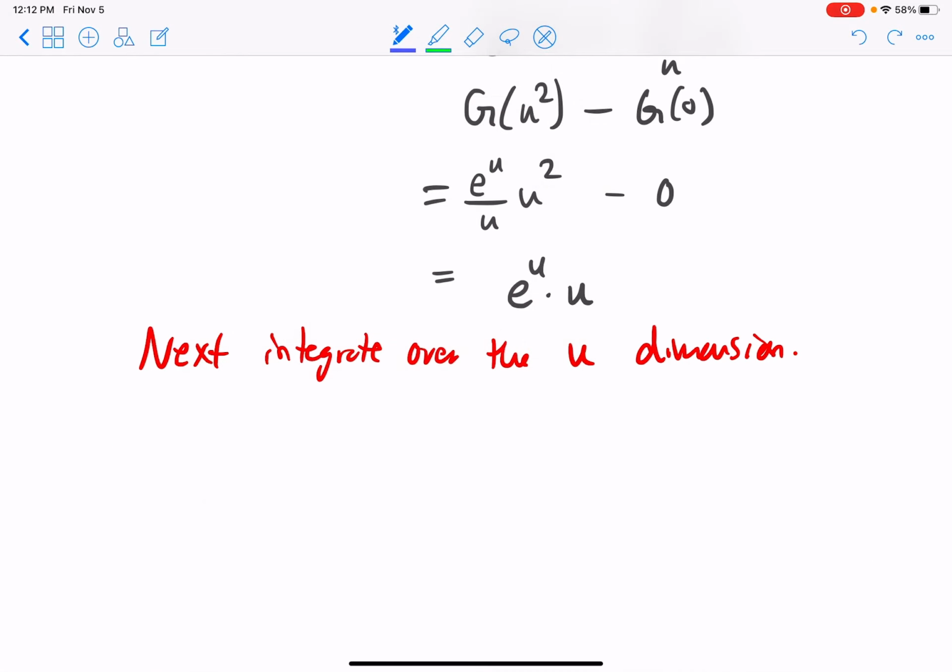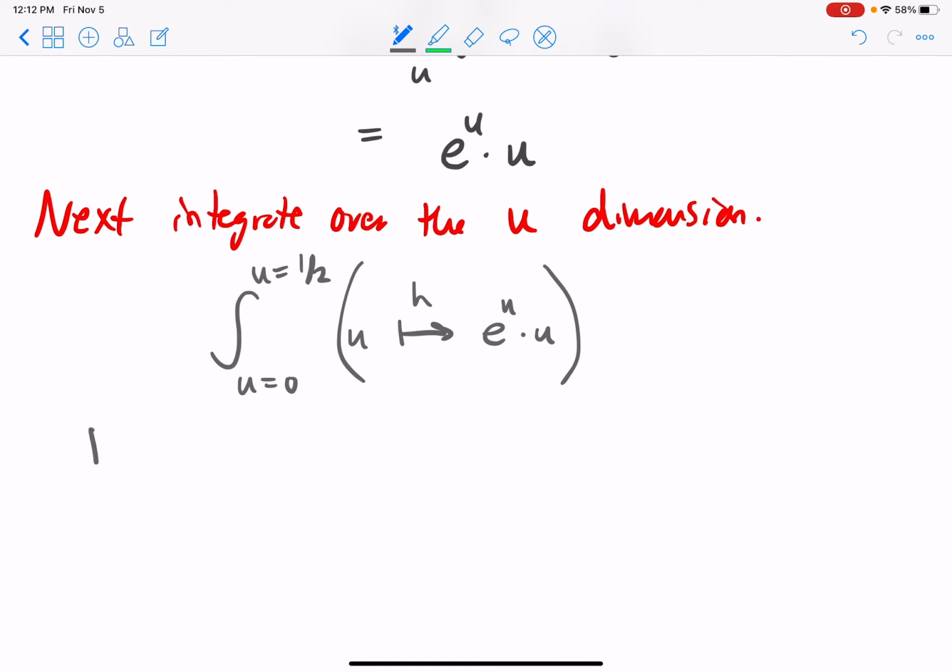So in a formula, I go from u equals 0 to u equals 1/2 of what function? Well, u goes to e to the u times u. And this is the function I'll call little h. And now, big H of u equals what?